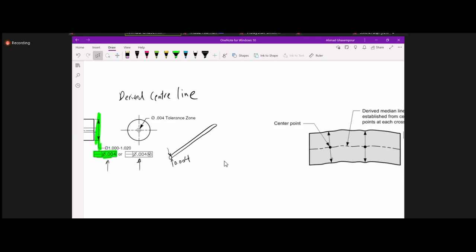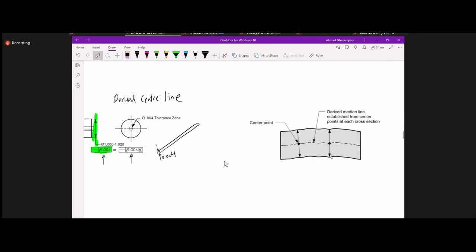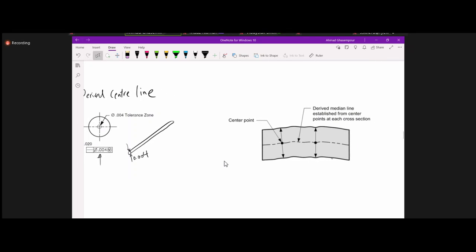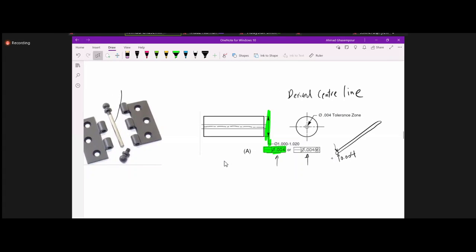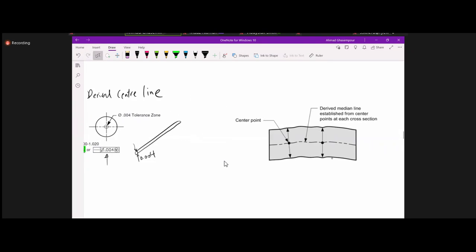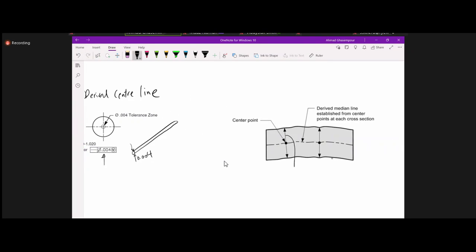Now, one thing you have to recognize is that you are still bound by size limitations, right? So if this pin is between 1 and 1.02, any of these lines cannot be more than or less than the minimum and maximum sizes, right?